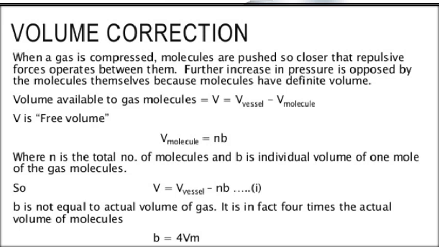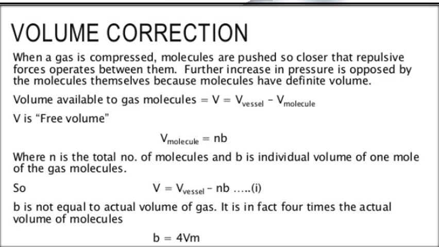Now, the volume occupied by the gas particles is considered as nb, where b is the individual volume of 1 mole of the gas molecules and n is the total number of moles of that gas.